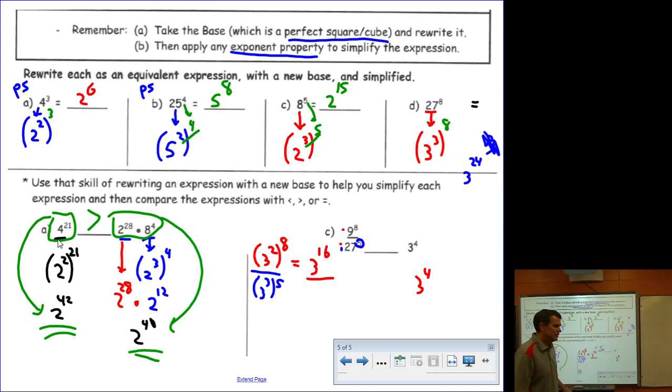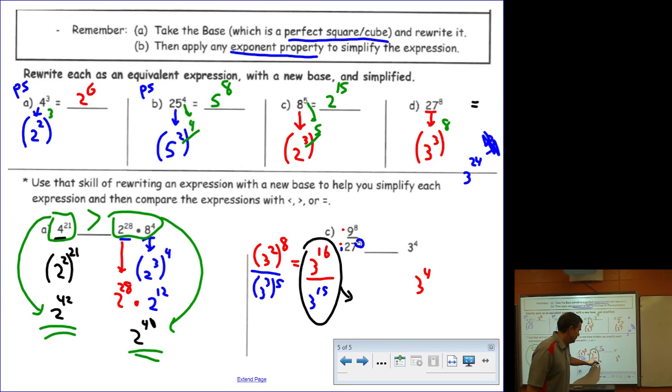And then when you do your power to a power, 3 times 5 gives you 3 to the 15th. And finally, we can now take this fraction where they do have the same base, and we can divide. And when you divide these, you of course subtract the exponents. This would be 3 to the 1st power.